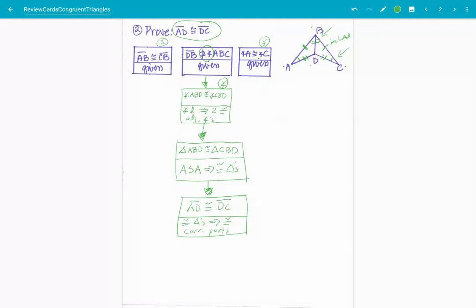So here's a couple tips. The first part, the easy ones are going to prove congruent triangles. Then the next one, if you're proving congruent pieces, this is always going to be the next step. Always the step after congruent triangles.